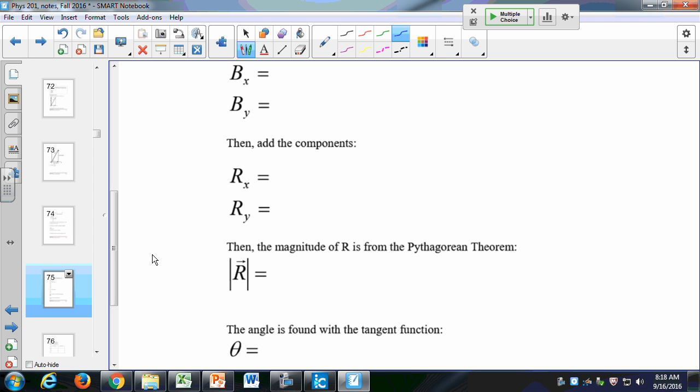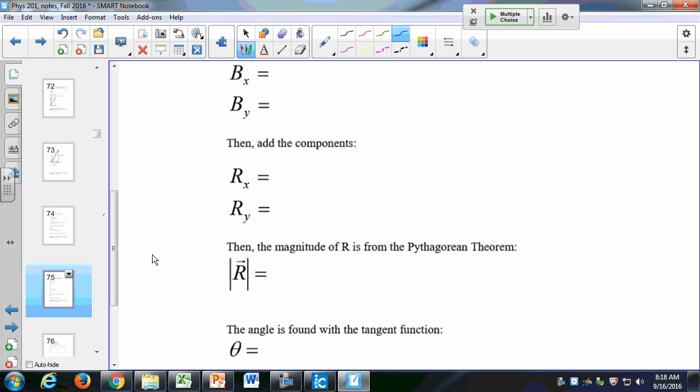And then Ry is Ay plus By. That's equal to 0.71 plus 1.7. I'll just make this 1.7 and this 2.4. So those are my x and y components of R. And now for our final step, we want to know the magnitude and direction of R.